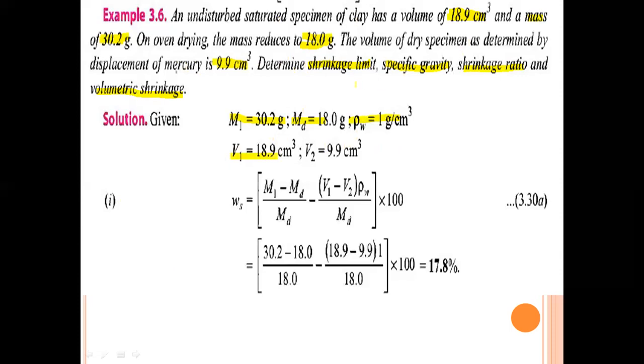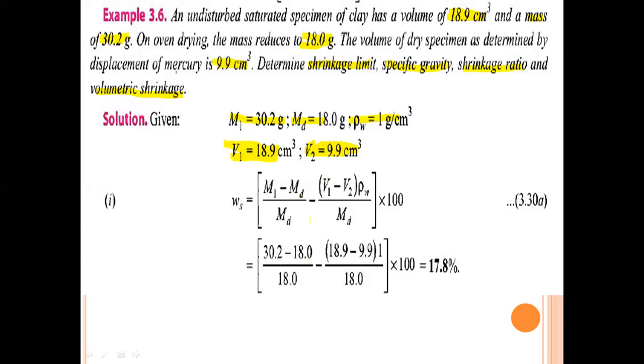First volume V1 is undisturbed saturated specimen of clay, volume 18.9. And second volume V2 is 9.9, the displacement of mercury, the dry specimen volume.